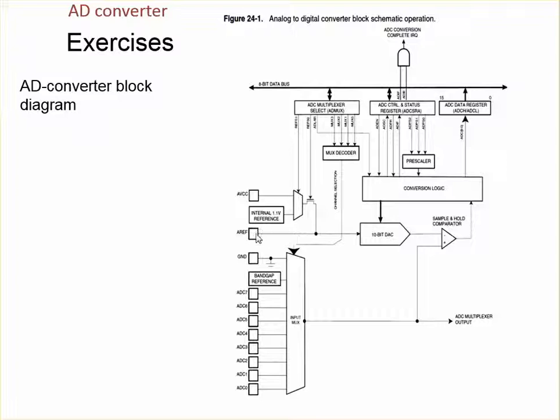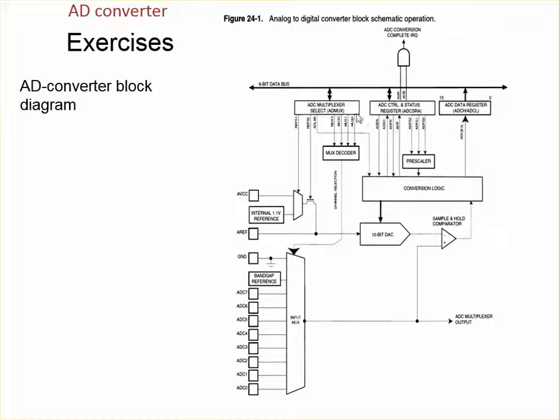So basically there is an internal 1.1 volt, and the reference voltages will be shown in more detail in the next slide. And here is the register that contains the converted data in numeric form. Here is a prescaler. We could choose the clock frequency of this conversion logic.